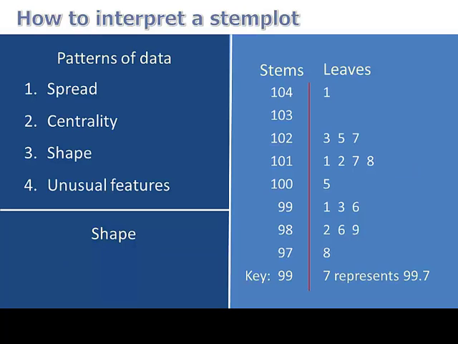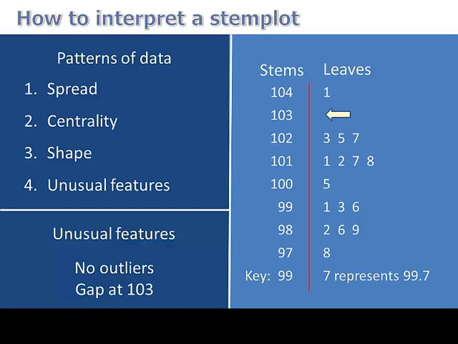In terms of shape, the distribution is sort of bimodal, with one peak at the 98 and 99 stems, and the other peak at the 101 and 102 stems. And finally, in terms of unusual features, there are no outliers, but there is a gap at the 103 stem.